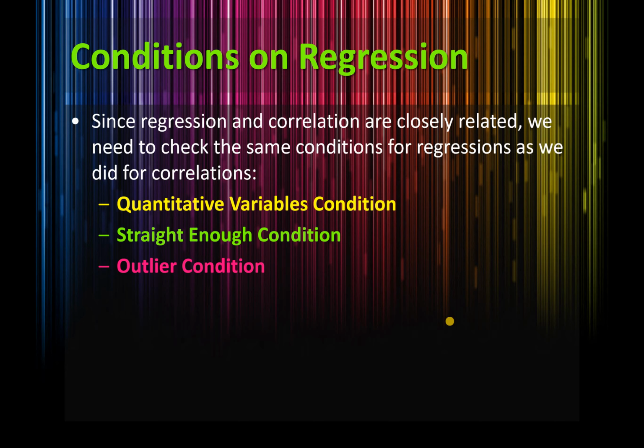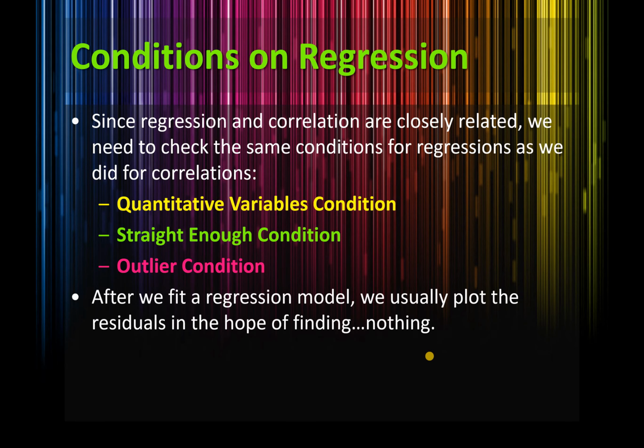When we are looking at the original scatter plot, that data has to be straight enough, so it has to look linear. We can't see any obvious curves or clusters, and we can't have any obvious outliers. That's our outlier condition. And those names say it all. However, that's just on the scatter plot of the data itself.